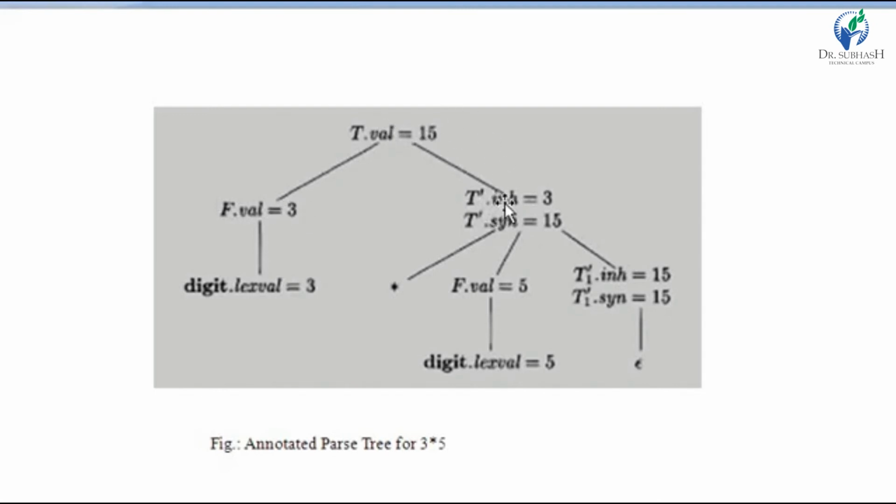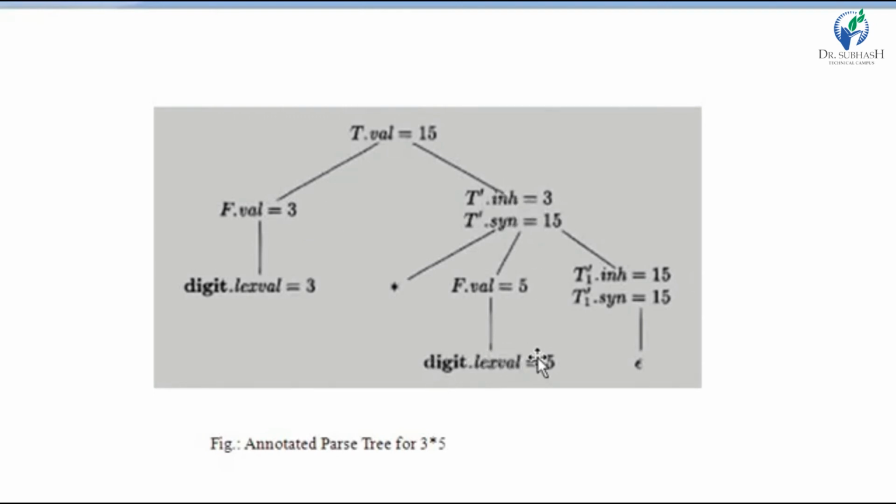T'.inherited attribute, which comes from its left sibling, which is 3, and T'.synthesized attribute, which is 15, because 3 into 5 is 15, comes from its children, so it's a synthesized attribute, and this will come from its siblings, so it's an inherited attribute.